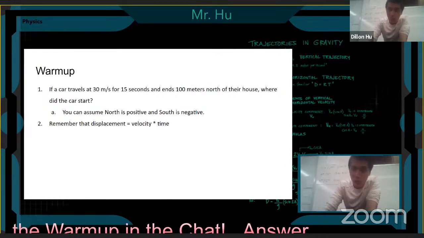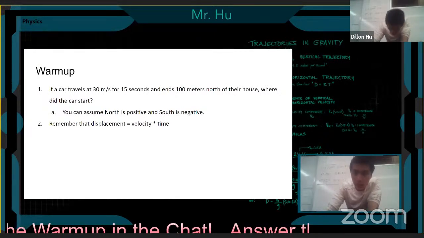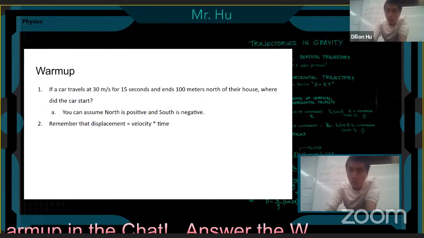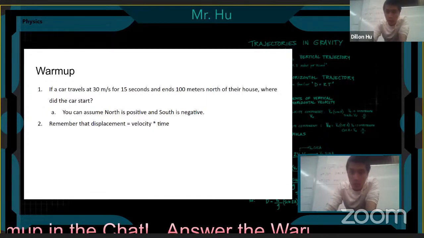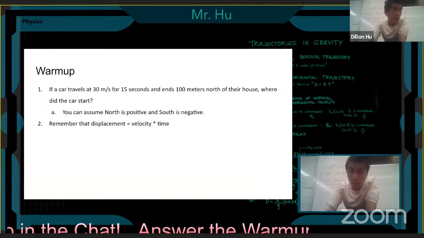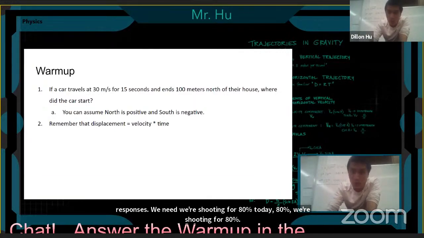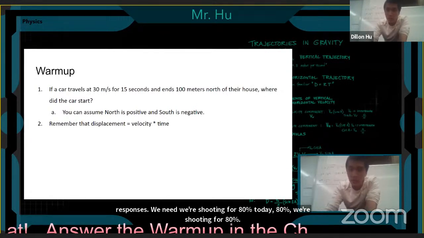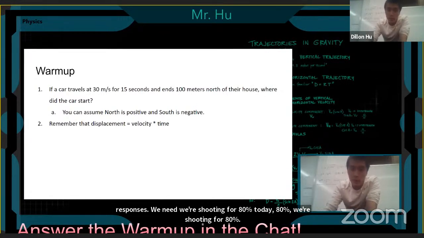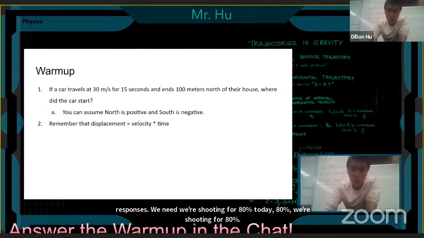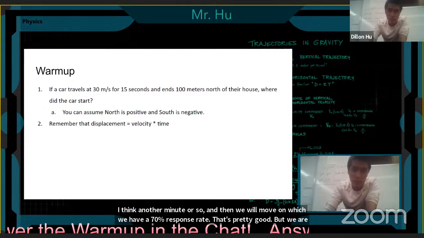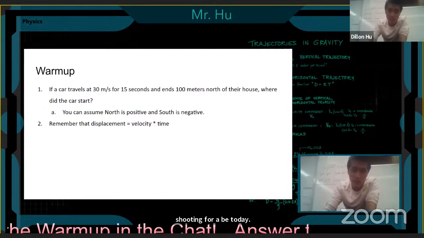That's pretty good, but we are shooting for a B today. One person just joined. We're at 67%. I'm going to close the poll in 30 seconds. If you're just joining us, answer the one question real quick. Let's get some responses in here. You've got 23 seconds.